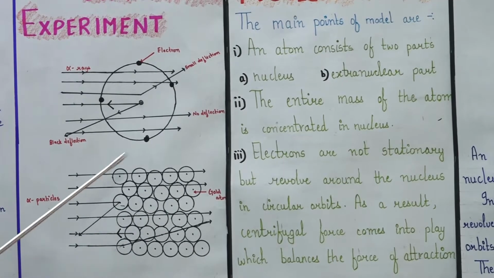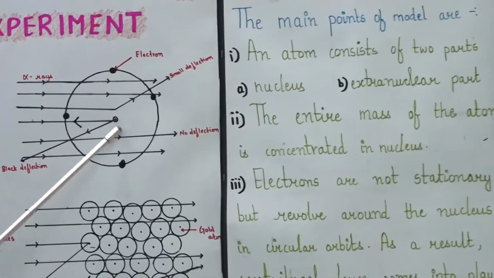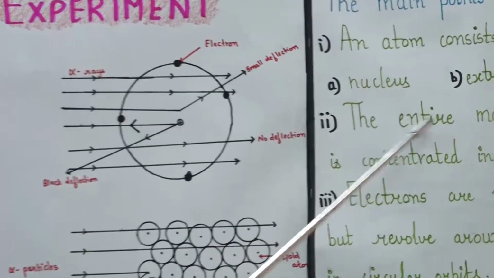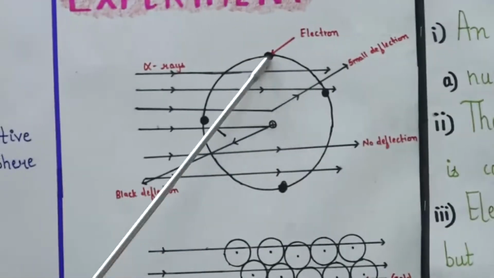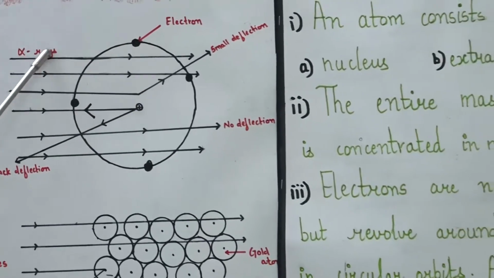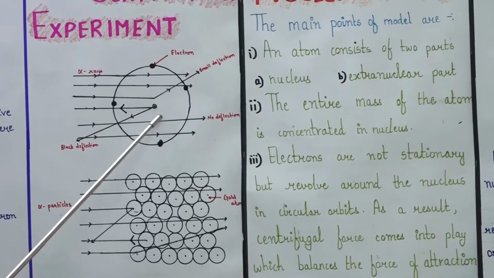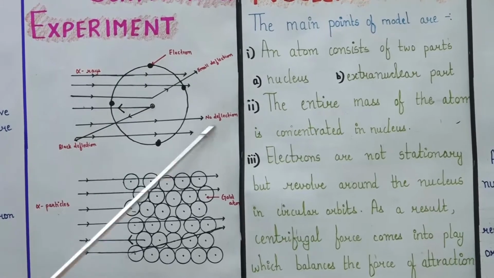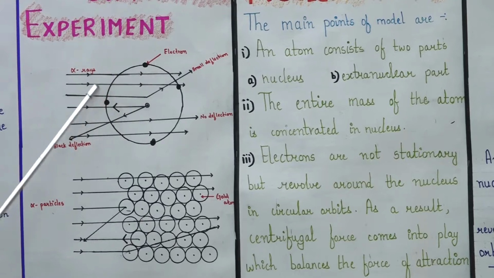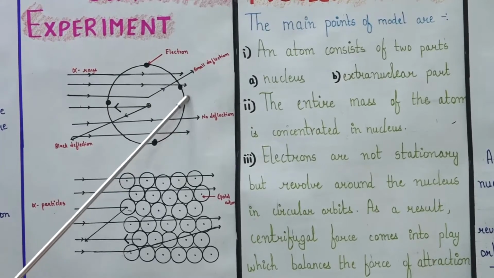The main points of his model are: an atom consists of two parts, the nucleus and the extranuclear part. The entire mass of the atom is concentrated in the nucleus. To explain that the electrons do not fall into the nucleus as a result of force of attraction, Rutherford suggested that electrons are not stationary but were revolving around the nucleus in certain circular orbits.